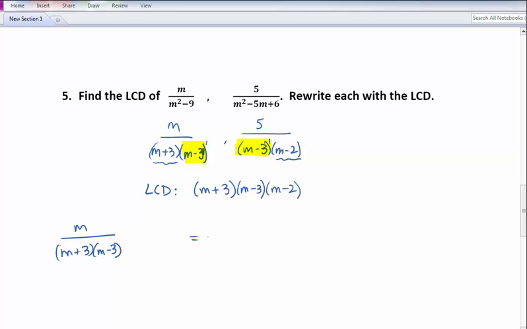and I want it to have the common denominator, it's pretty easy to see what's missing in this particular case. What's missing is the m minus 2 in this first one. So you're just going to have m times m minus 2. In the numerator, sometimes people will distribute and multiply things out. In the denominator, you pretty much never want to.